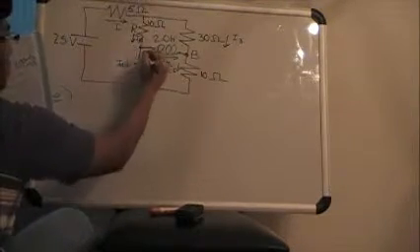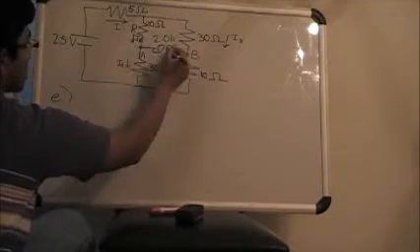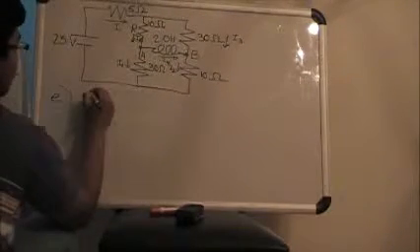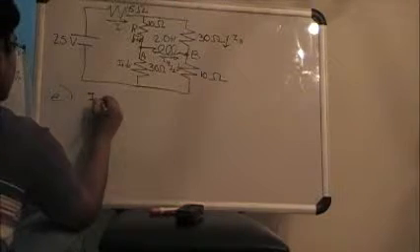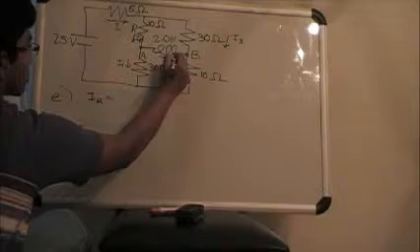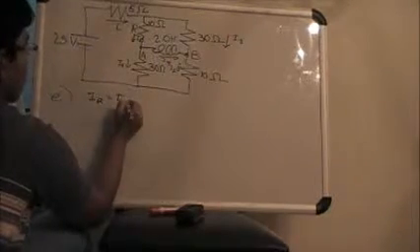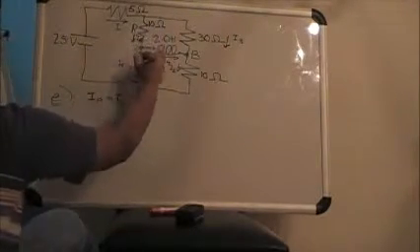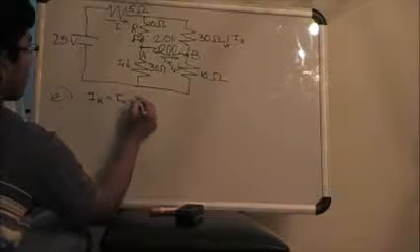So over here, for problem E, we use junction rules to find that IR, this one, is equal to I4, which goes this way, plus I1.